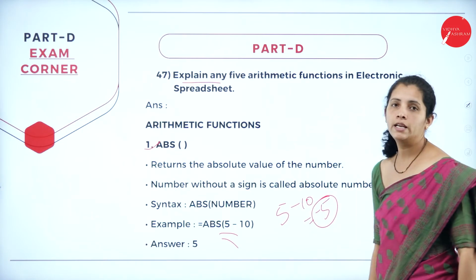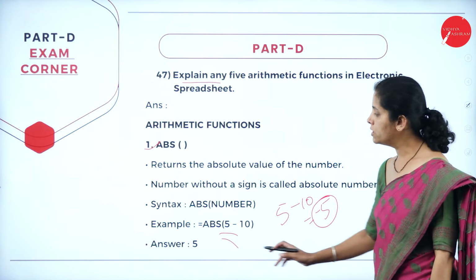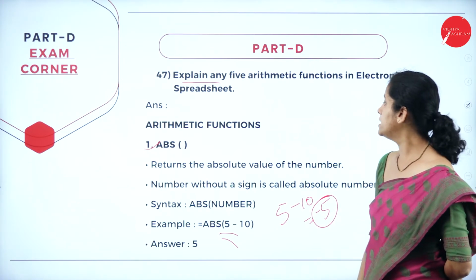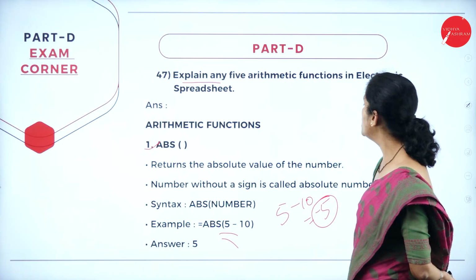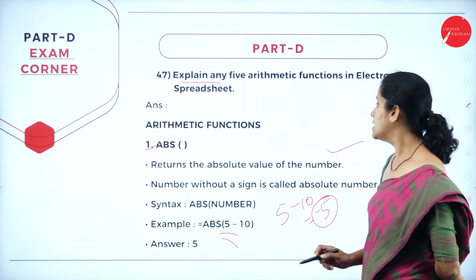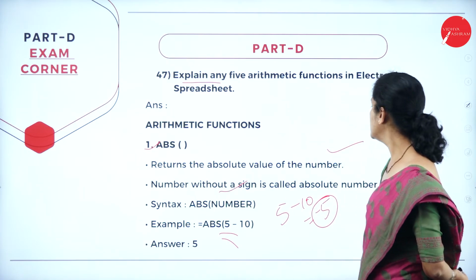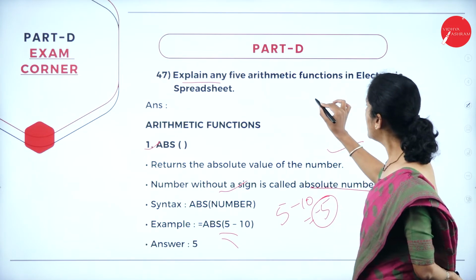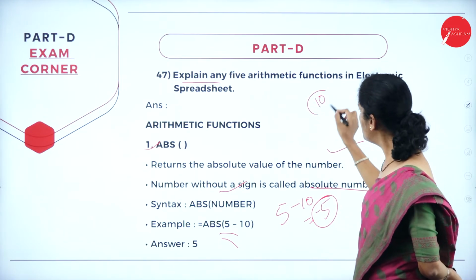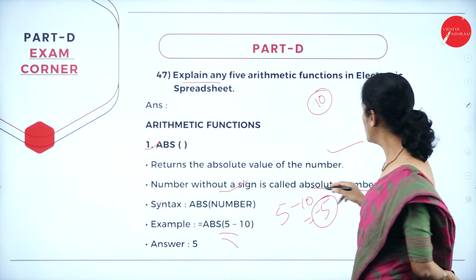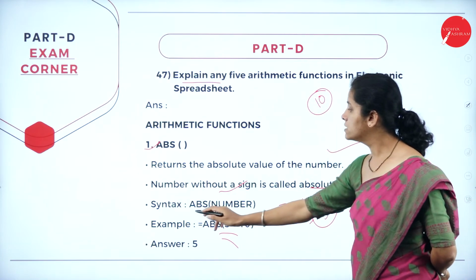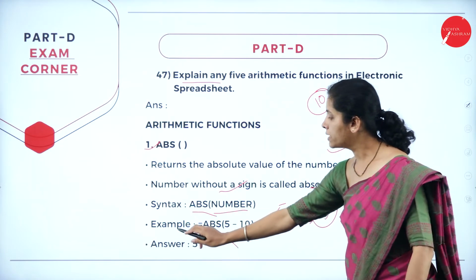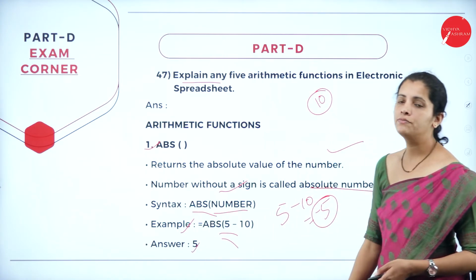Now I want to make it positive. So at that time, I'm going to use the absolute function. So it returns the absolute value of the number. A number without its sign is called an absolute number. Syntax: ABS and specify the number. So example, and the answer is 5.